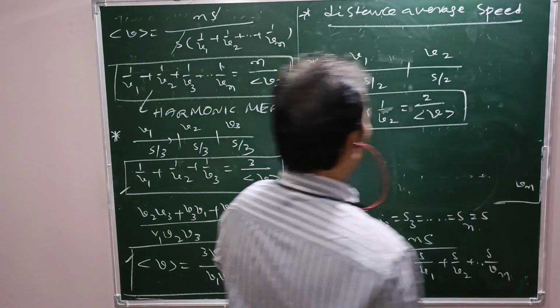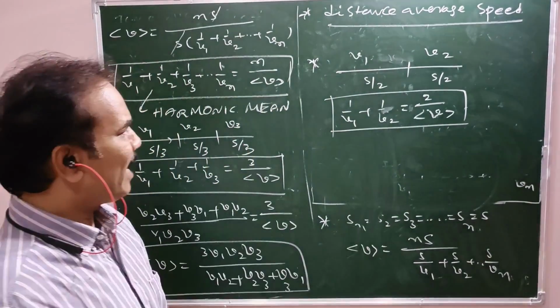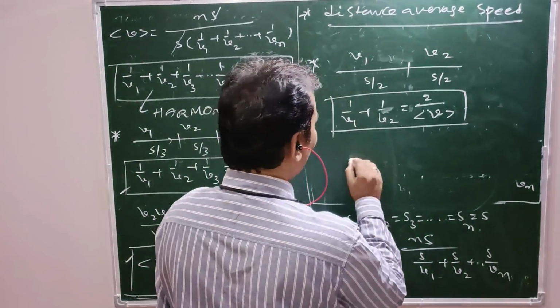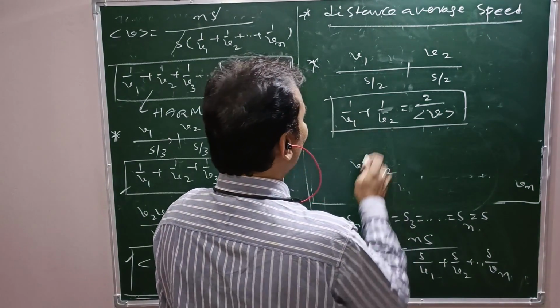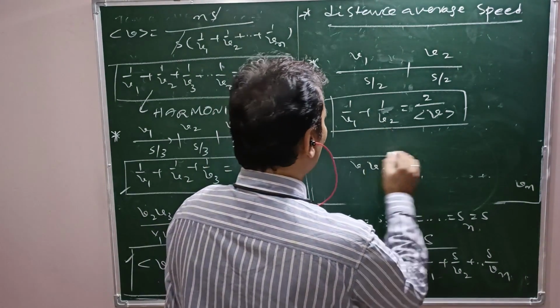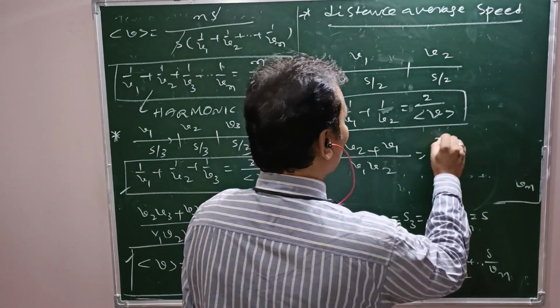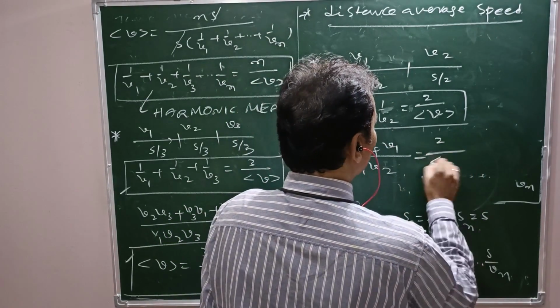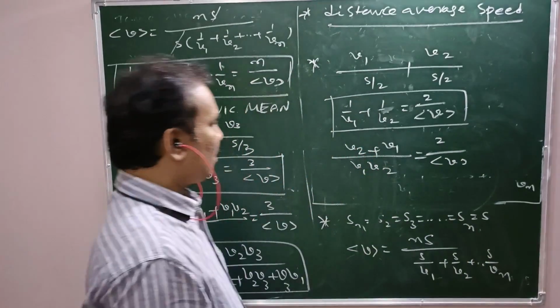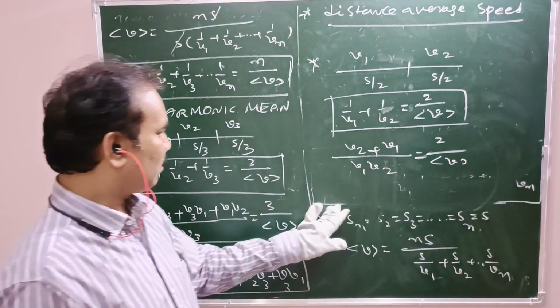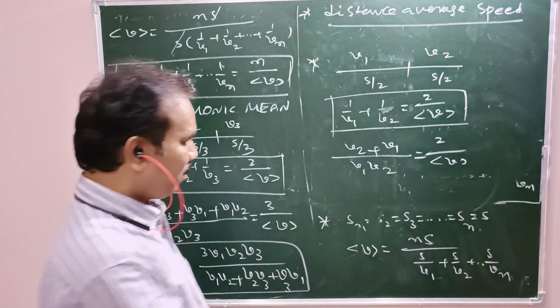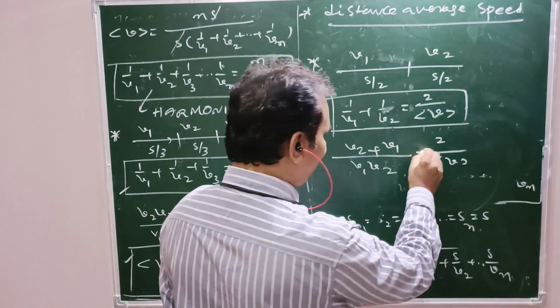This is the direct shortcut formula. Otherwise, take the LCM. What is the LCM? V1, V2. That is 1 into V2 plus 1 into V1, over V1 V2, equal to 2 by average speed. Now I'm making the subject V average.